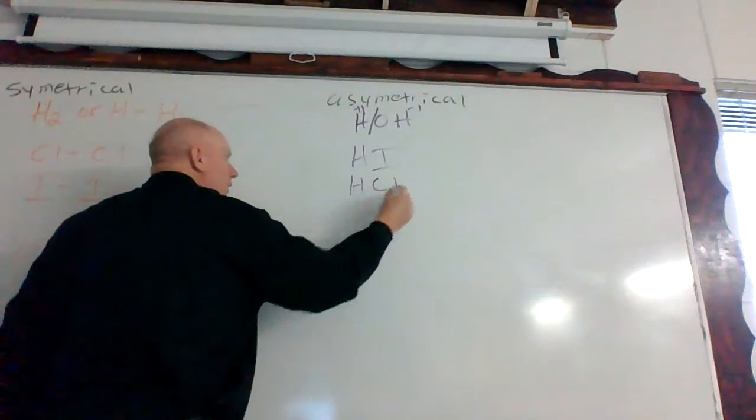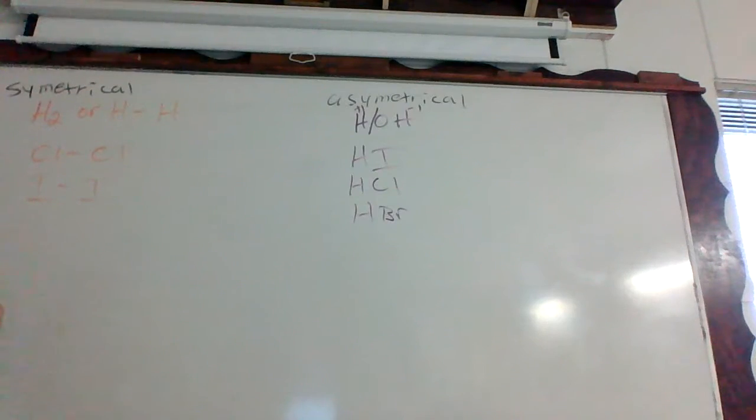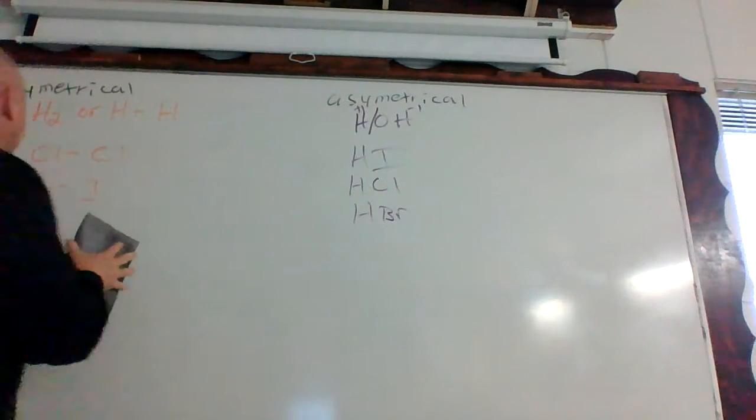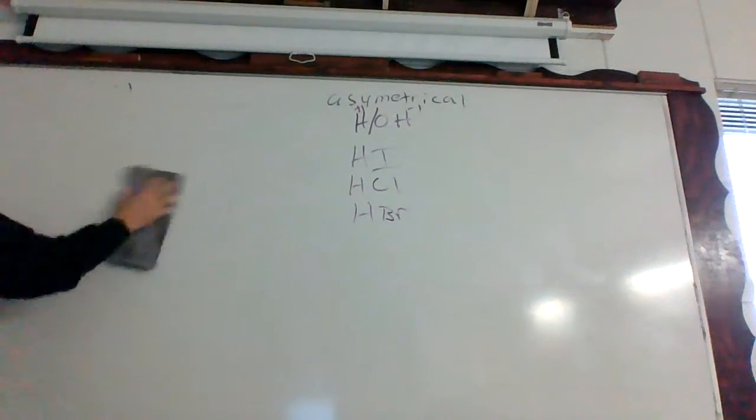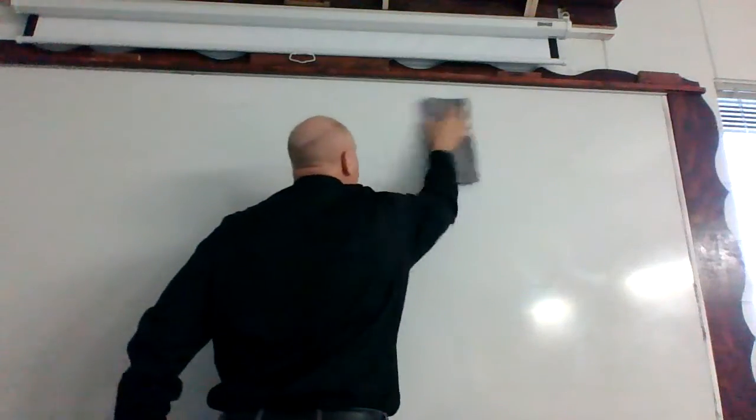Any one of those would be the asymmetrical type. So what it boils down to with these reactions is, first of all, what type of compound do we have? Is the compound symmetrical or asymmetrical? Is the reagent symmetrical or asymmetrical?